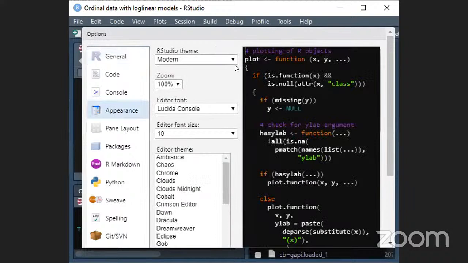You can leave it like this. It's big enough. So it's okay. If it's big, it's okay.